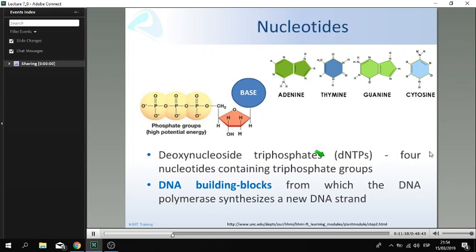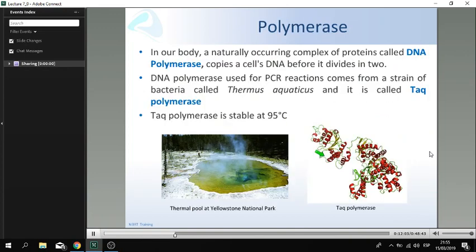Again, you buy the mix of nucleotides from different manufacturers, and it usually needs to be kept frozen, but this mixture is quite sensitive to freeze-thaw cycles. So when working with PCR, you just have to make sure that you don't freeze-thaw them too many times, because you can destroy the nucleotides completely and then you won't have any building blocks to build your DNA.